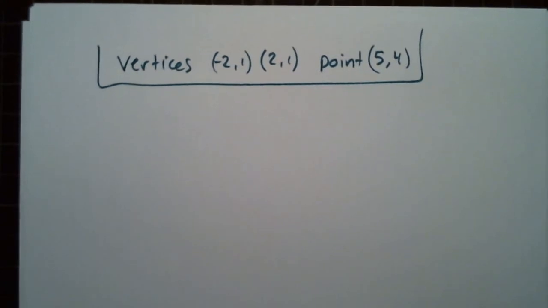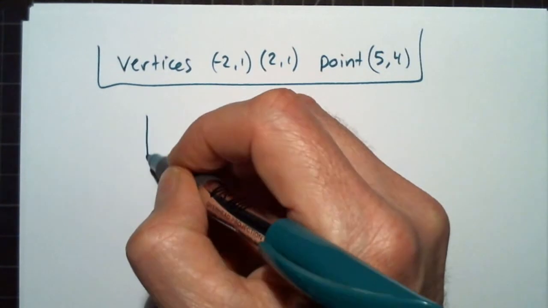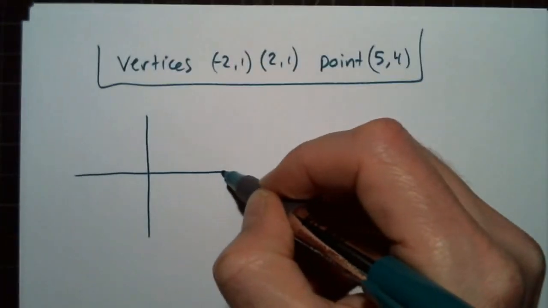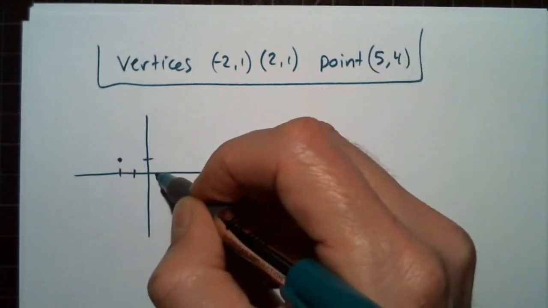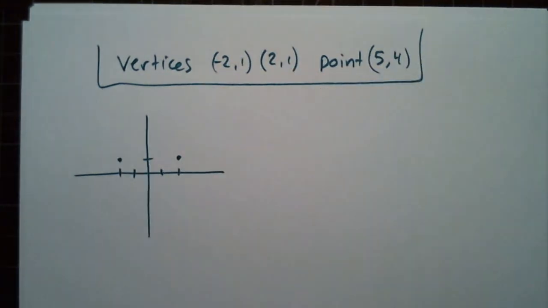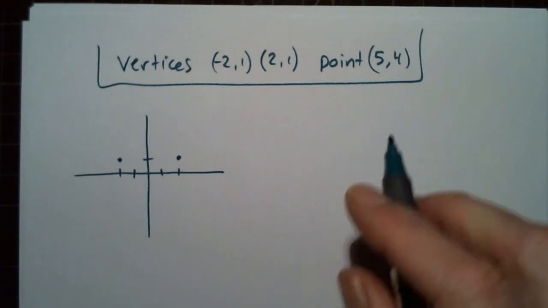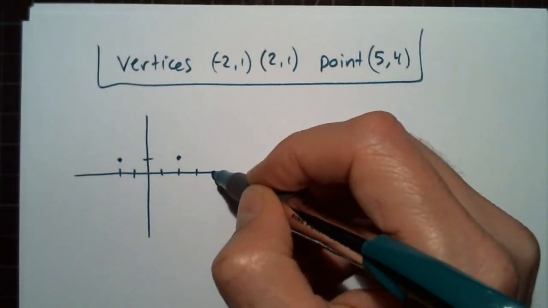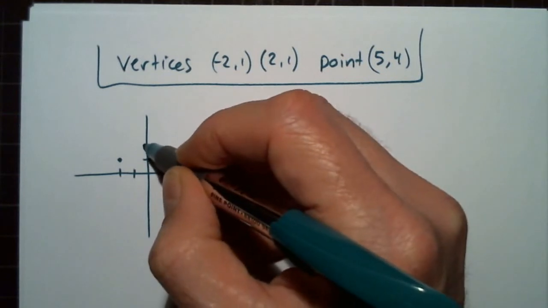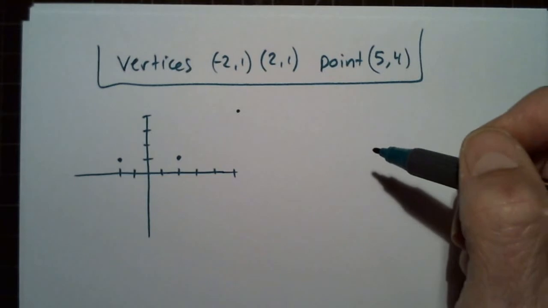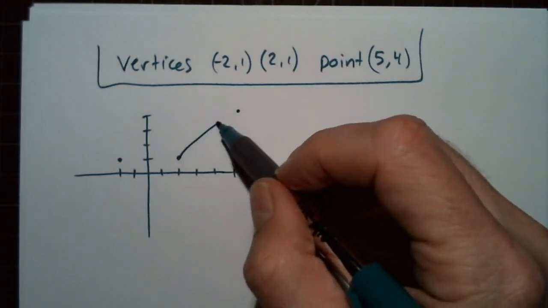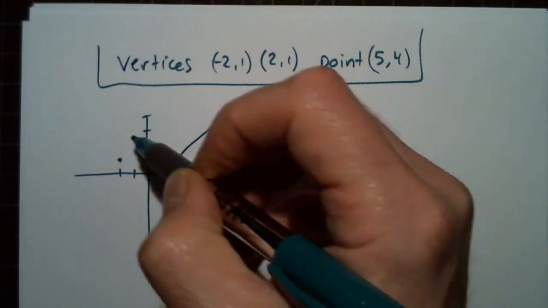All right, one more is the last type of example. Negative 2 up 1. And we're going to do positive 2 up 1. Those are the vertices. And we also have a point on the hyperbola of 5, 4. So that's 3, 4, 5, 2, 3, 4. We can see that it must be going like this.